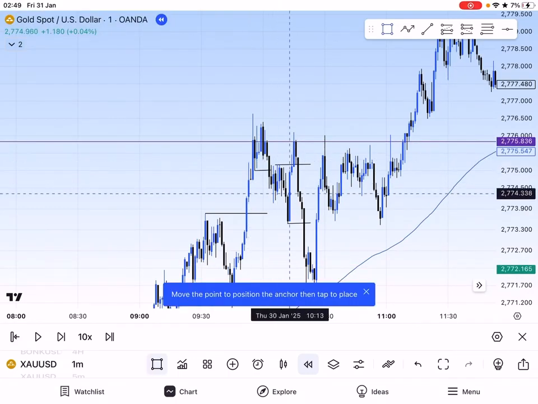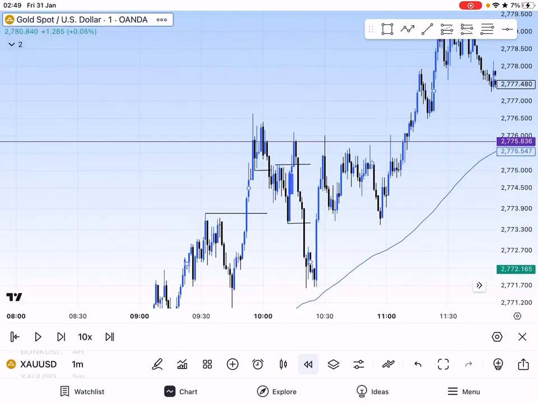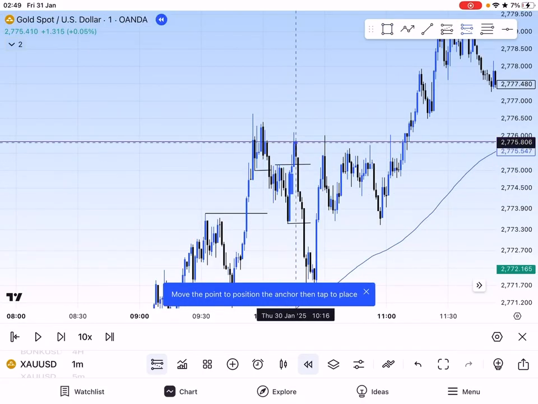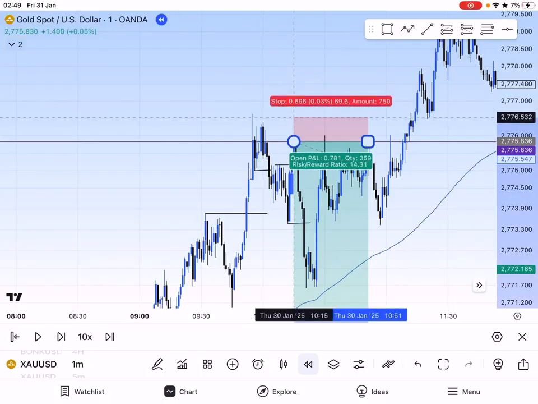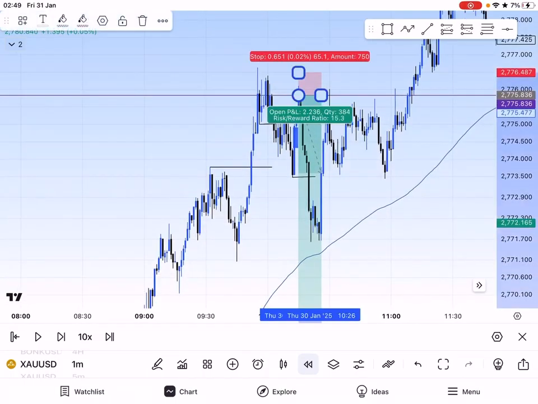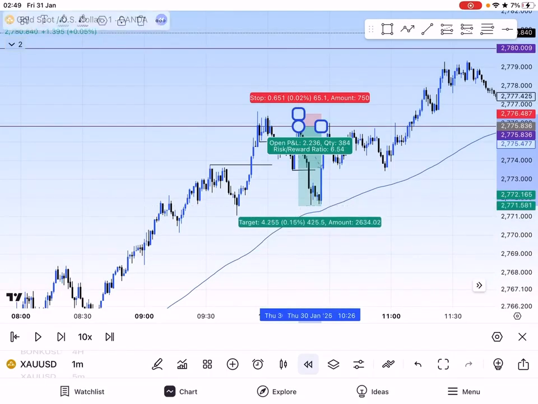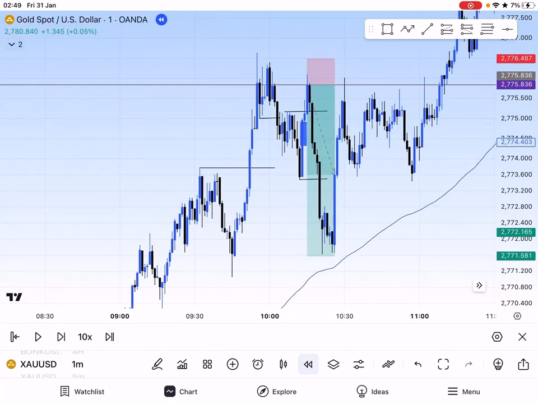You can see there was some kind of imbalance, and after tapping into the SNR zone, that's this one. This is kind of a QMR SNR zone, and you could have caught at least 42 pips. Price did not keep dropping because we're not in a downtrend. So you get the point.